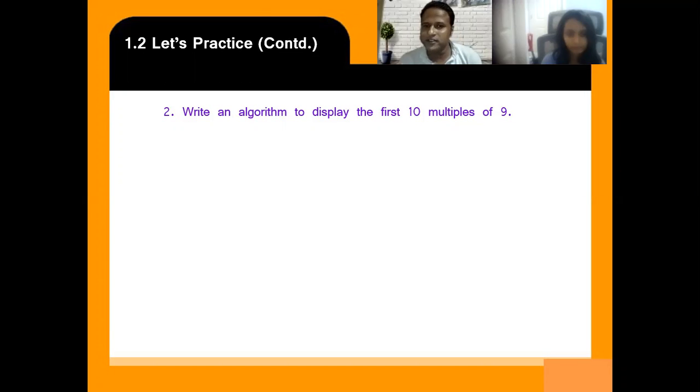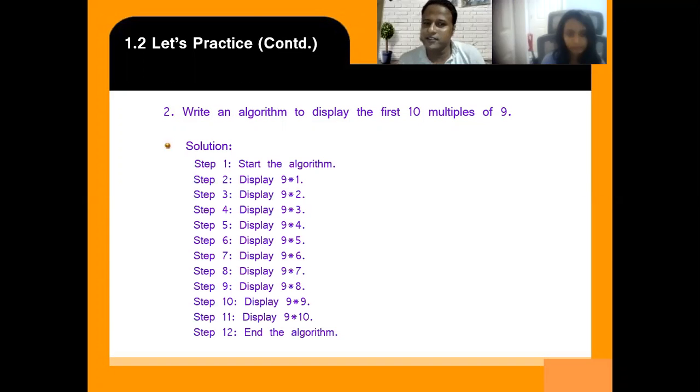First step is start algorithm. Then the second step is 9 times 1, and then the third step is 9 times 2, and then continue that until 10.